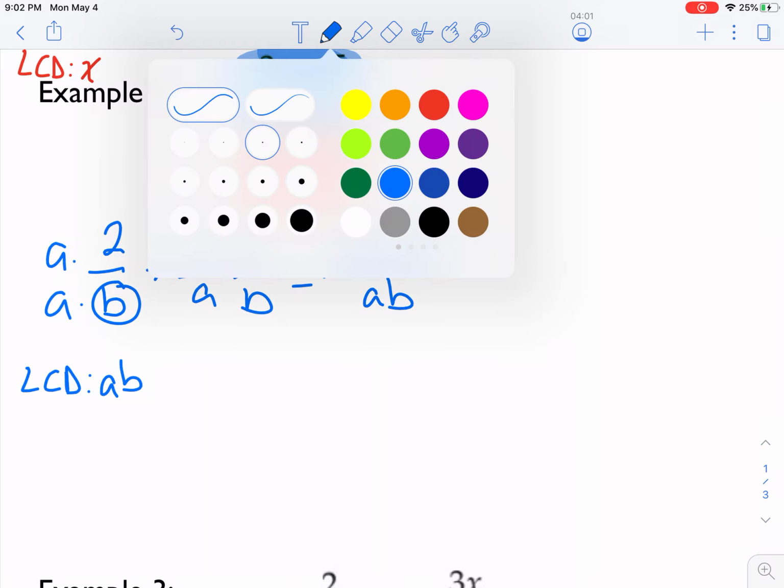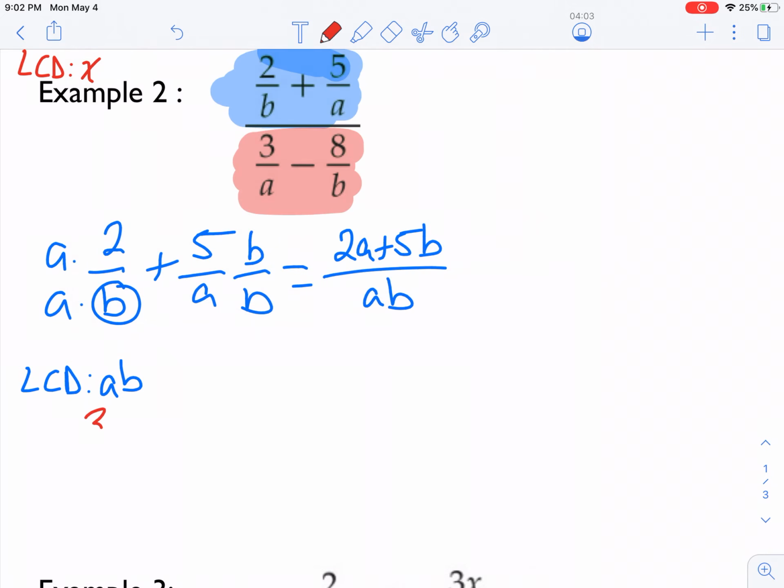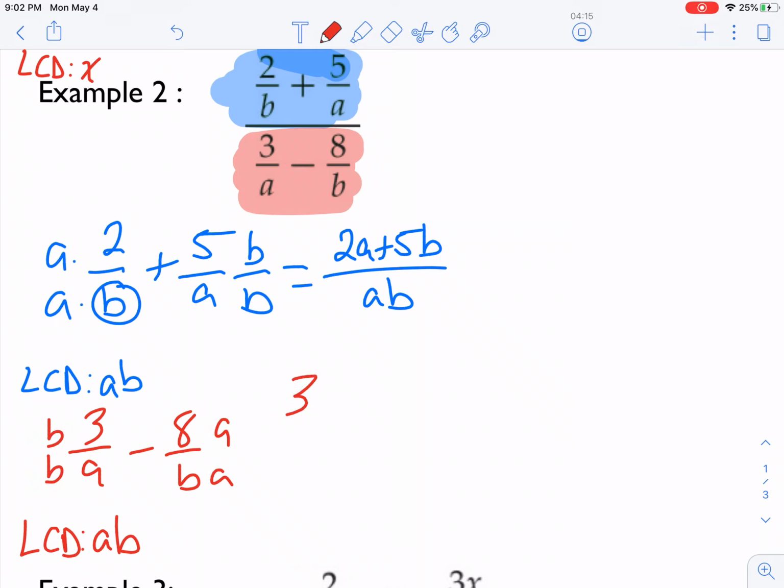Alright, let's do the same thing with my red. I've got 3 over A minus 8 over B. Again, my LCD is the same, AB, missing the B here, missing the A here, which is going to give me 3B minus 8A over AB.